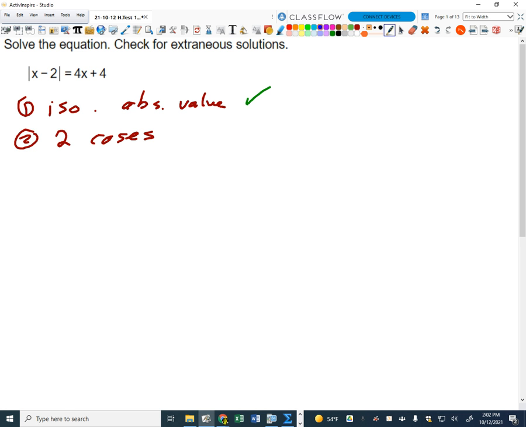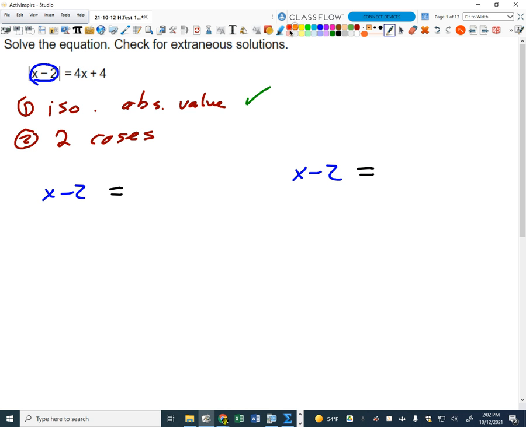Okay, so what do I do with the x minus 2, what's inside the absolute value? Well, I'm going to leave it the same. It doesn't change, right? So whatever's inside the argument of the absolute value, case 1 is going to be that equals something, and case 2 is going to be that equals something.